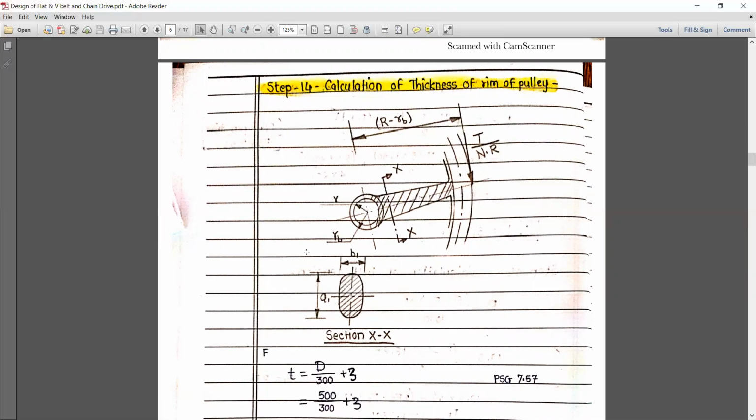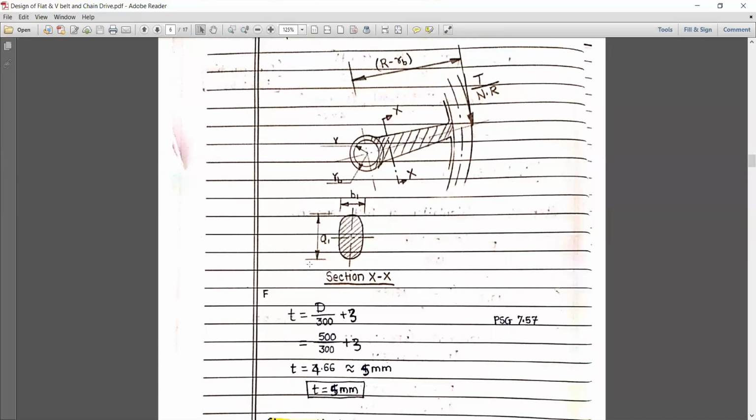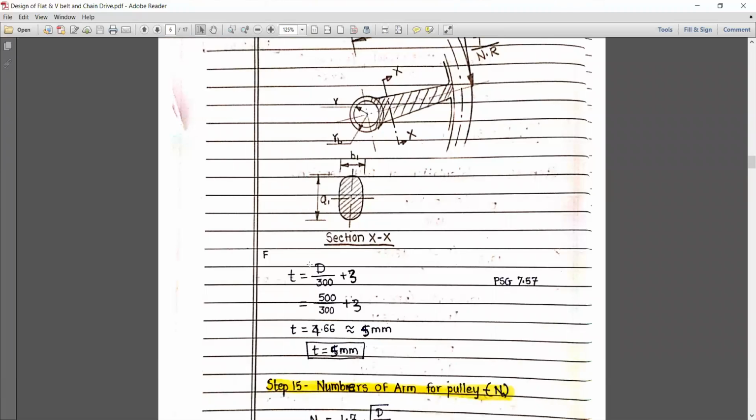At that distance the total maximum torque is applied, T is equal to N into R, where capital N is the number of rims. Here the cross section of the rim is elliptical, nearer to the shaft hub.